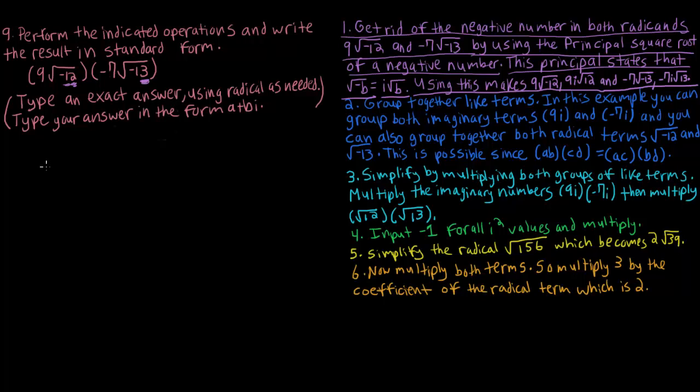So let's see how this is done. We can rewrite the problem down here. So 9 square root of negative 12 times negative 7 square root of negative 13. And again, we want to get rid of these negative numbers under the radicals. So to get rid of these negative numbers, we have to again use this principle of square roots.